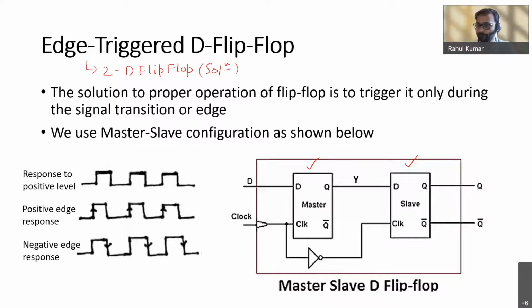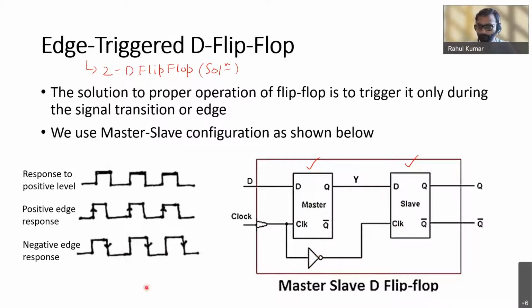Okay. So you can see you have 2 flip-flops in which the input clock pulse is directly connected to your master flip-flop, and the second flip-flop, your slave flip-flop, is connected through a NOT gate.